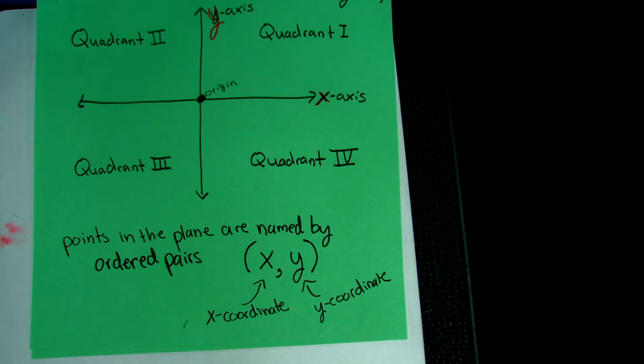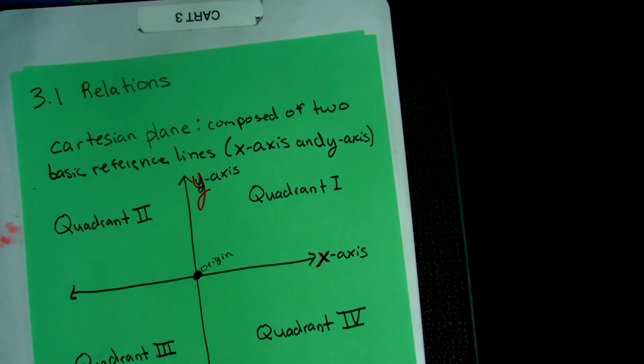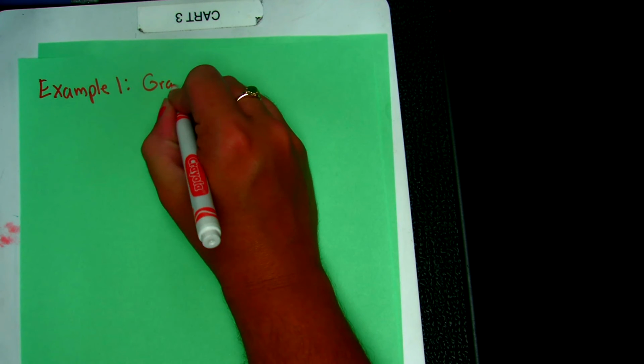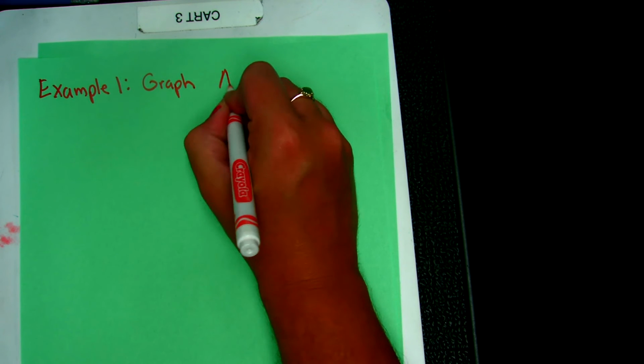All right, let's do some examples. We will start with example 1. It says graph point A, which is (2, 4).